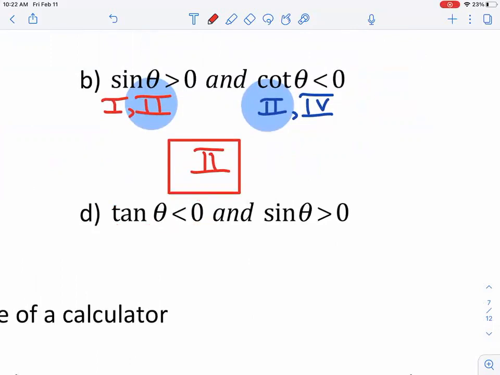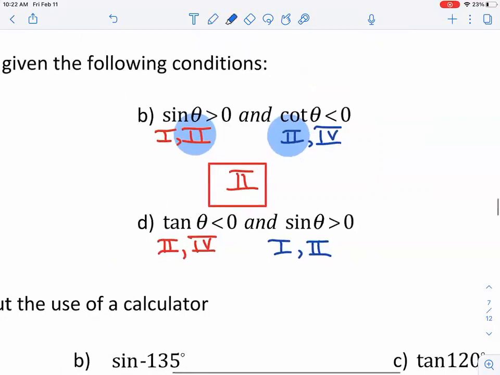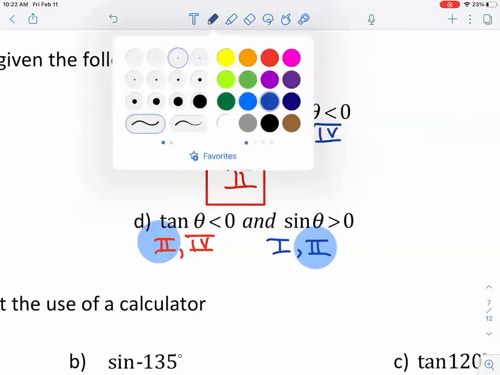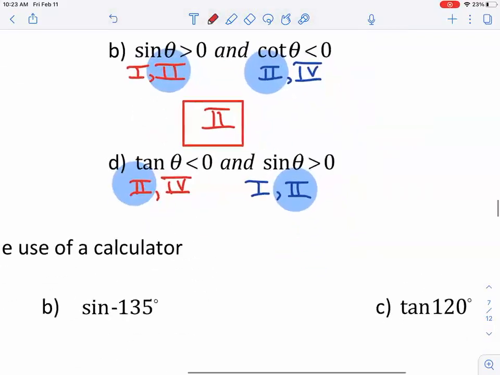And so the tangent is negative in quadrants 2 and 4. And the sine is positive in quadrants 1 and 2. Therefore, we must be in quadrant 2 because that satisfies both conditions.